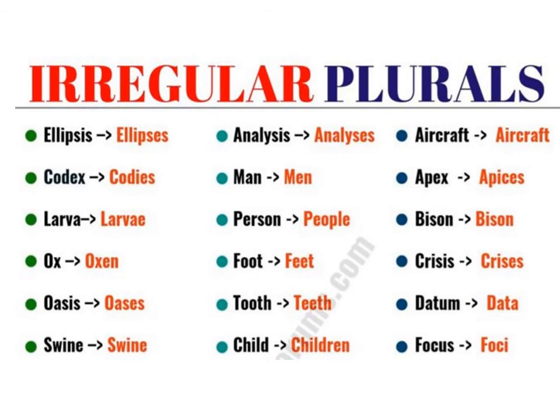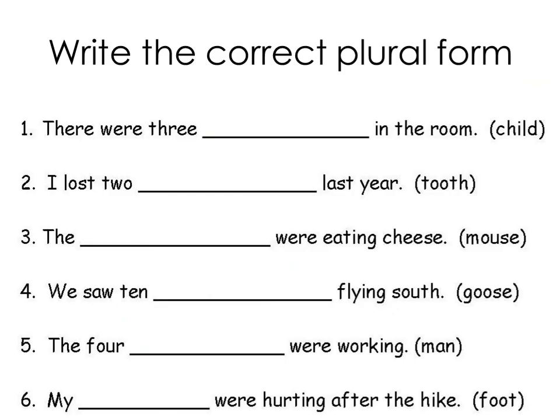Tooth, we have teeth. Child, we have children. Aircraft, we have aircraft, just the same. Apex, we have apexes. Bison, we have still bison. Crisis, we have crises. Datum, we have data. Focus, we have foci.